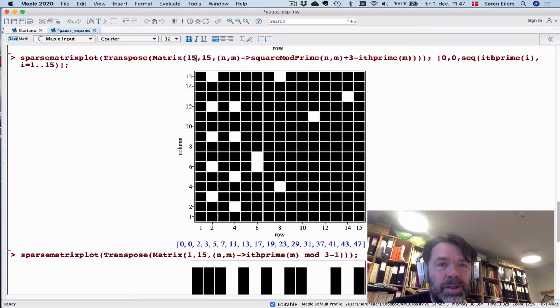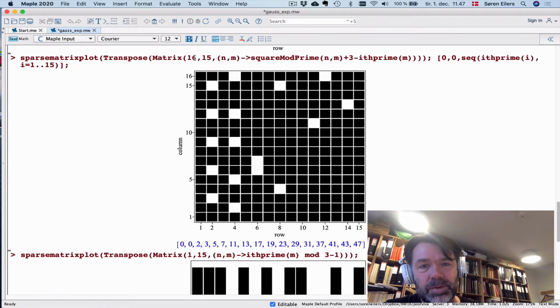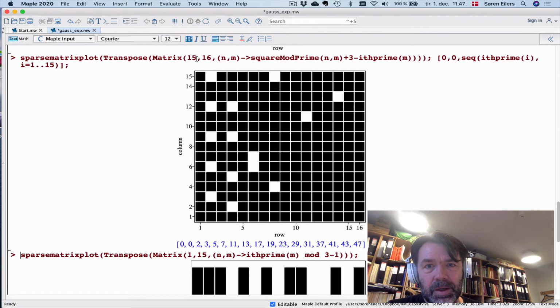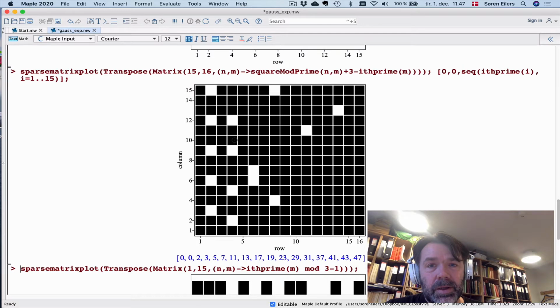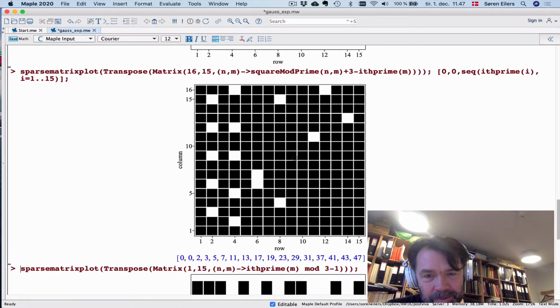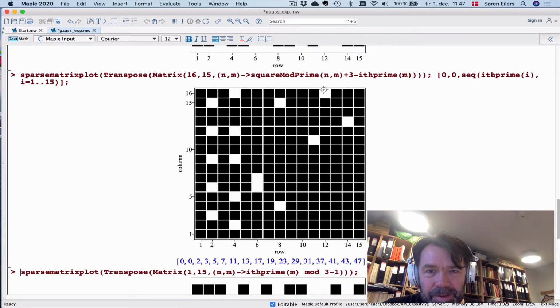And actually, even if you just put one extra entry, oops, it's transposed, so I have to put it here. Like so. And there you see I get the entry that I was missing before.